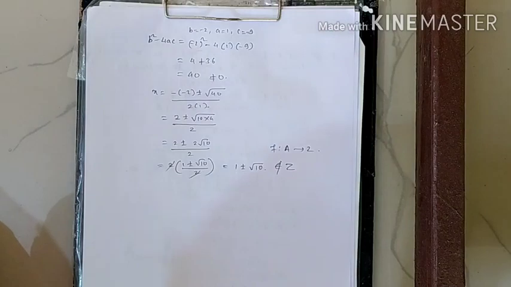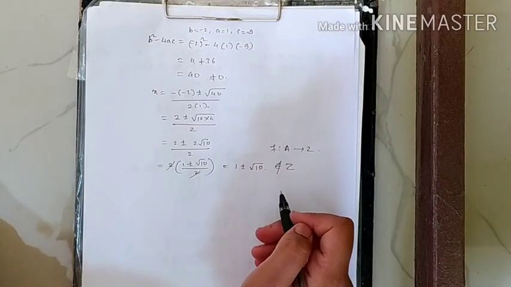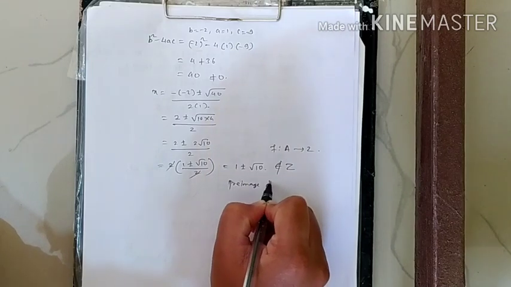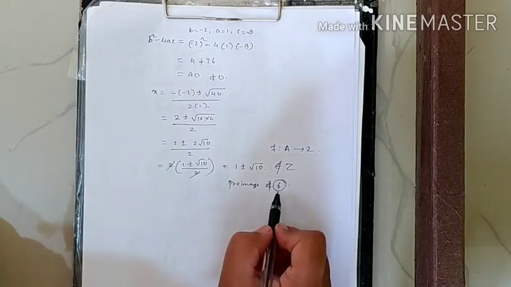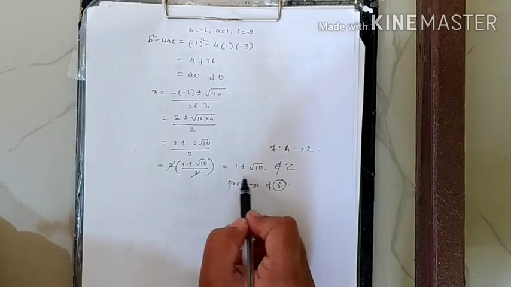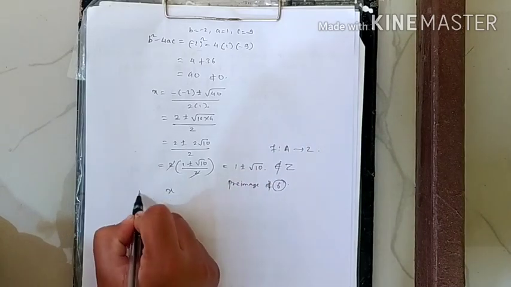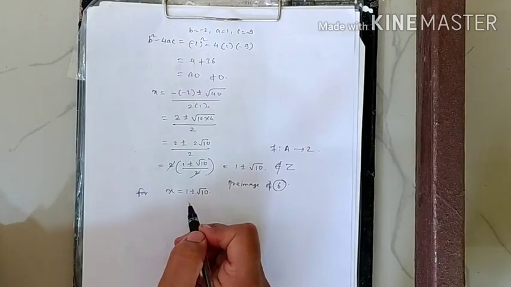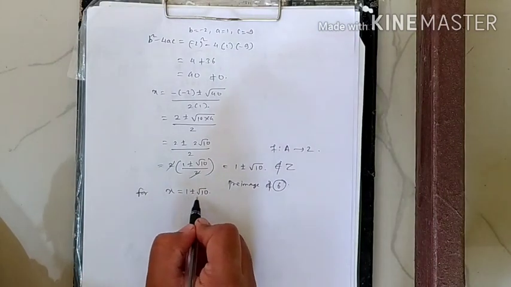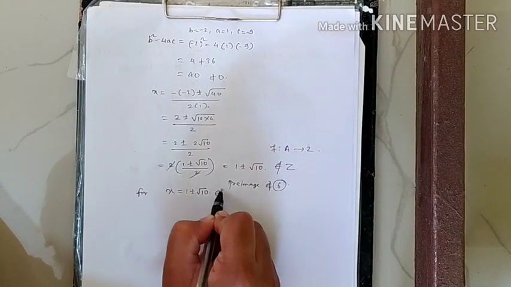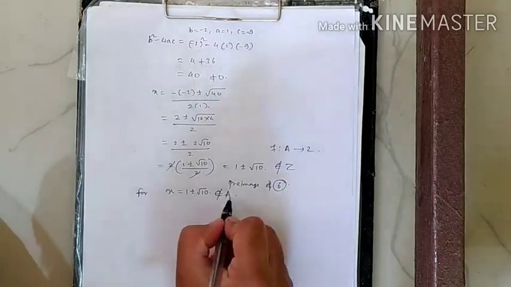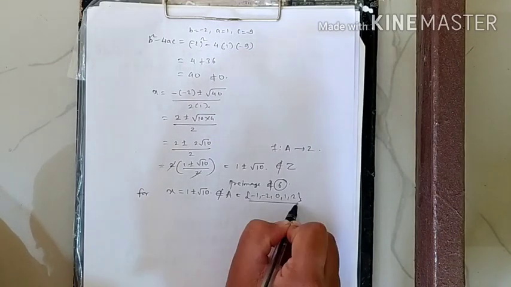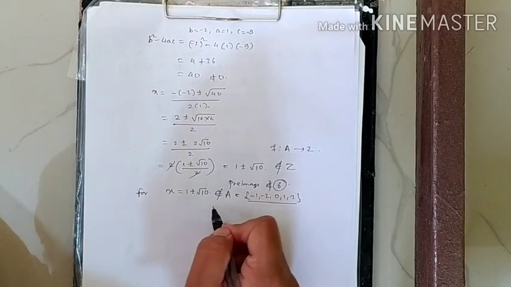Now student, for 6, what were we finding? The pre-image of 6. Now if the x value we are getting is 1 plus or minus root 10, then for x equal to 1 plus or minus root 10, this does not belong to set A, because set A has elements only minus 2, minus 1, 0, 1, 2, and so there is no pre-image for 6.